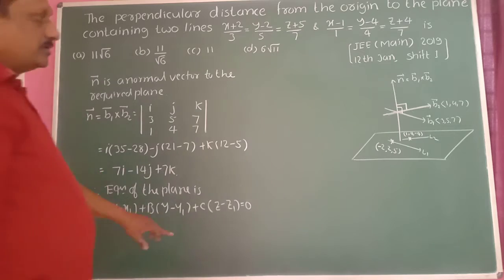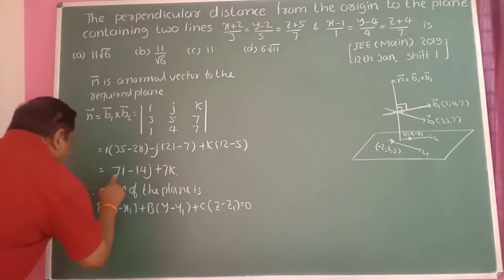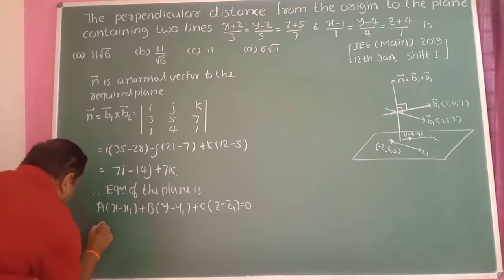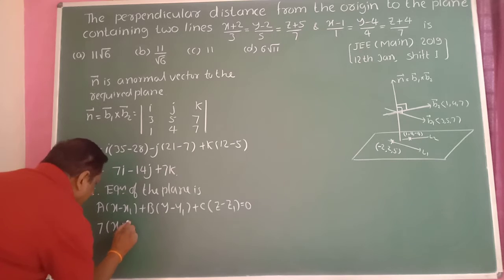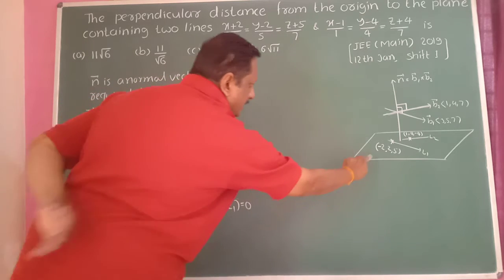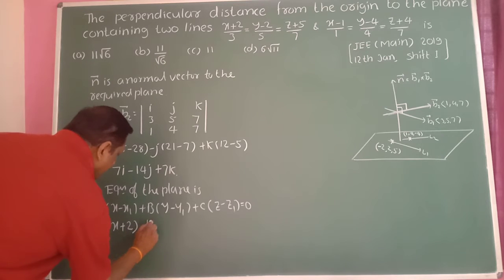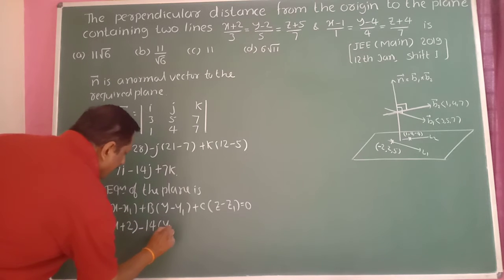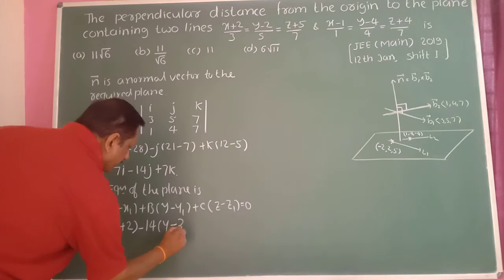And passing through the point, I am taking this point here. So a value is 7: 7 into (x minus of minus 2), that is x plus 2. Then the b value is minus 14, so minus 14 into (y minus 2).